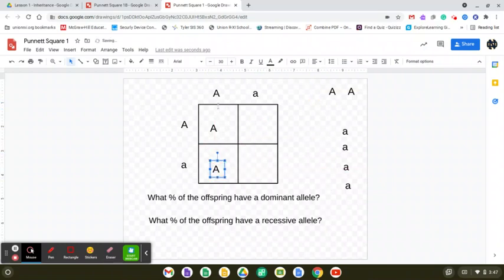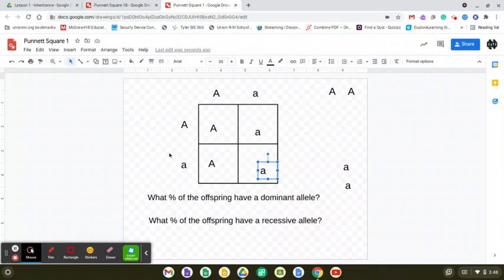So this one drops down into both of the boxes below it. And then the same thing happens with this little a. It drops down to both of the boxes below it. Now this parent has shared its alleles to all four possibilities here.